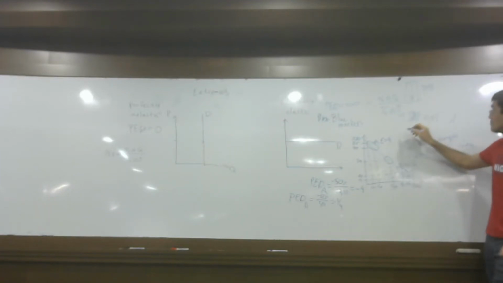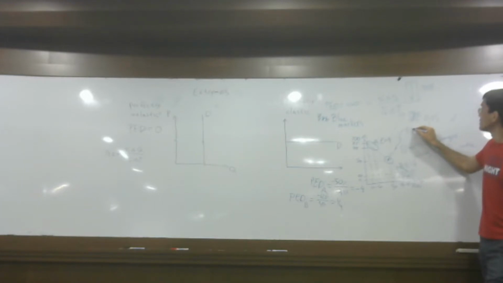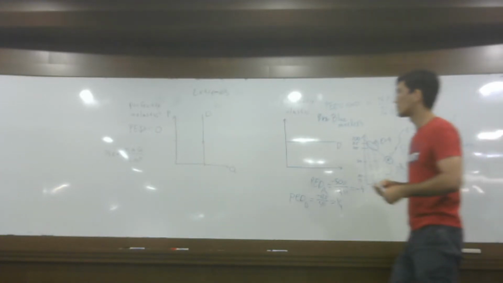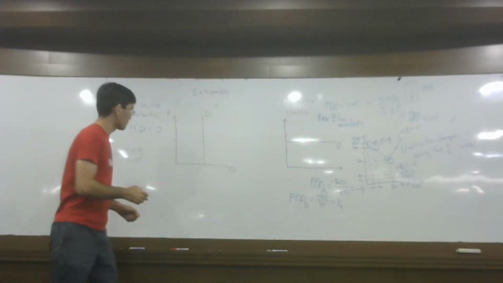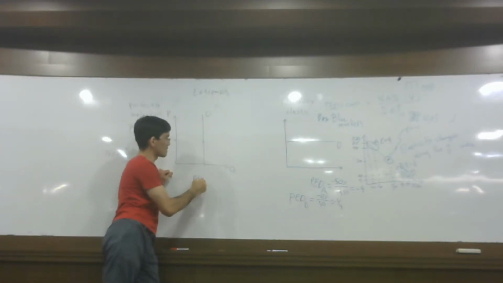And actually at the very middle over there, elasticity is equal to -1 or 1, whether you ignore the negative sign or not. So for example, if you have an example like this for that particular demand curve, how much is price elasticity of demand?